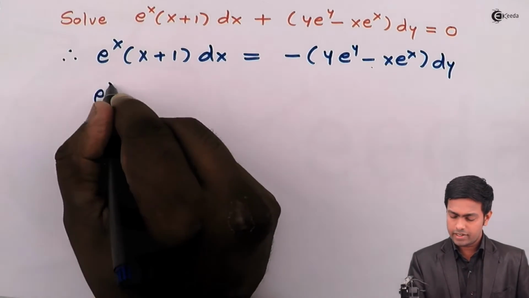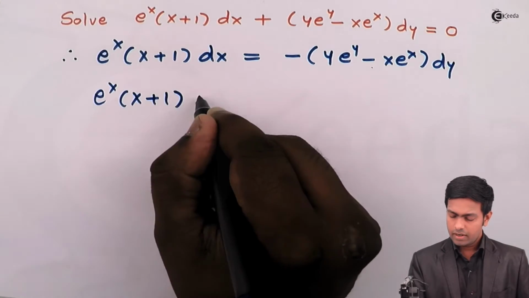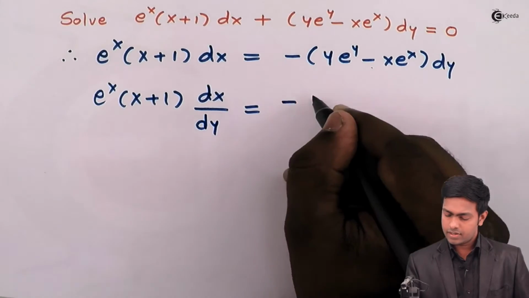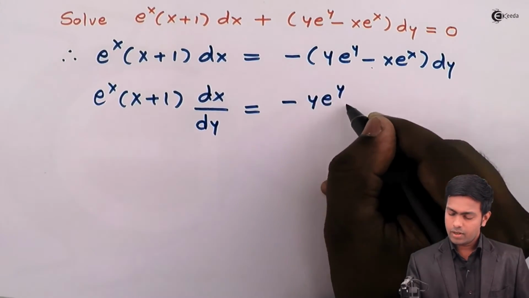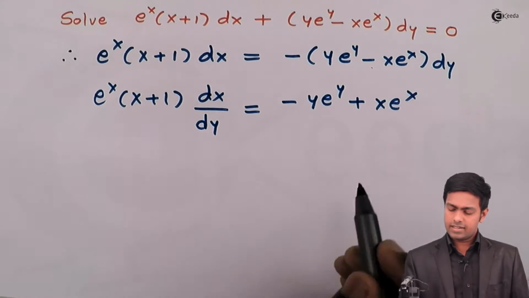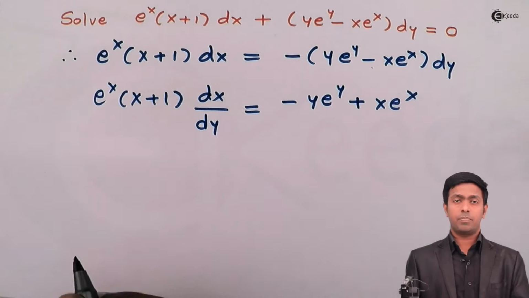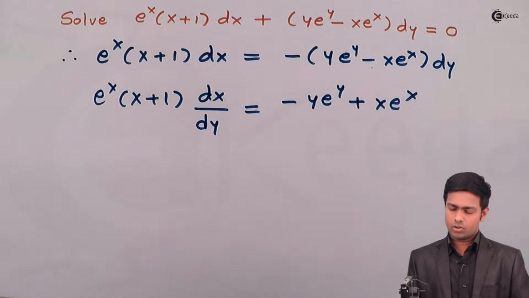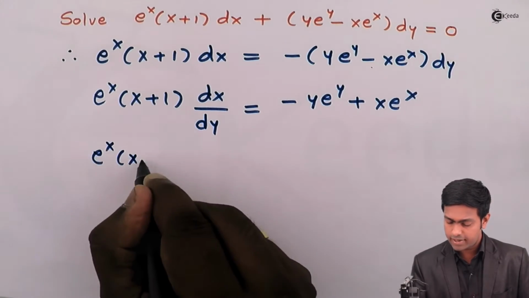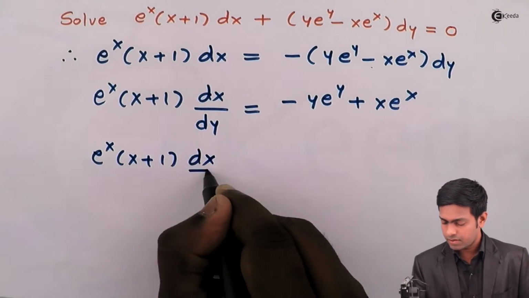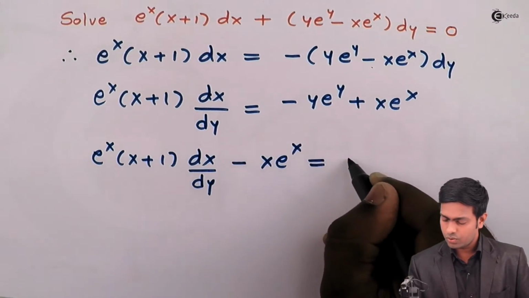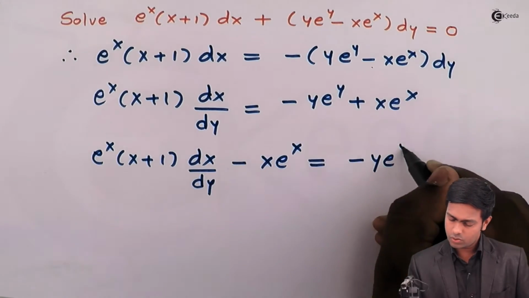So we will get e^x (x + 1) dx/dy = -y e^y + x e^x. Now guys, I'll take this second term on the left hand side purposely. Now I'll tell you the reason. So first I'll shift and I'll tell you the reason. So e^x (x + 1) dx/dy - x e^x = -y e^y.